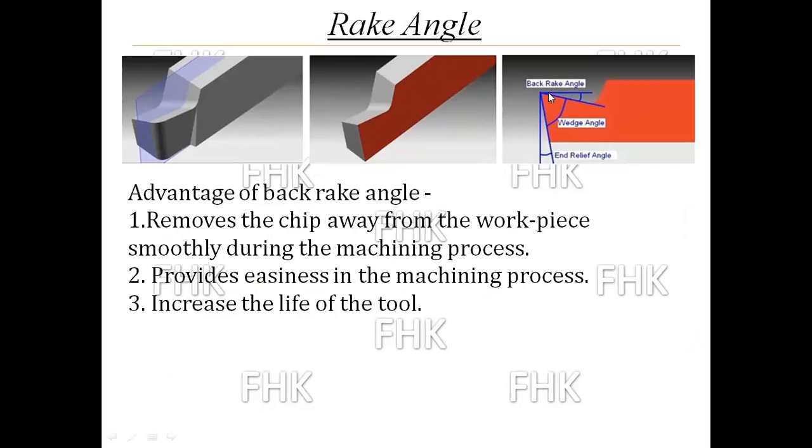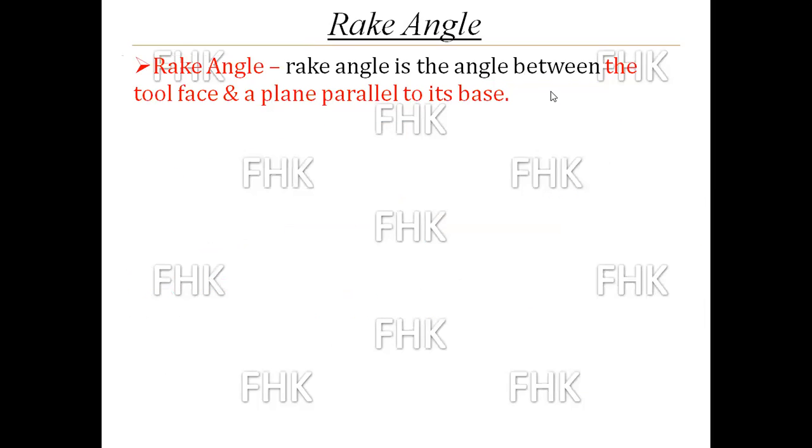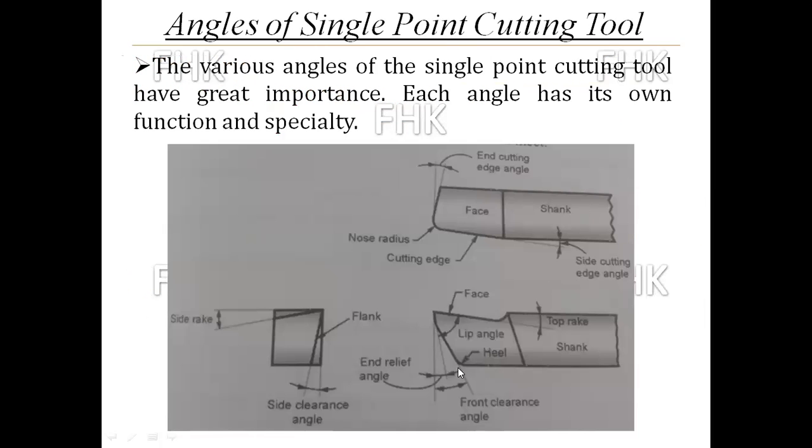The angle made by this face, this is the face, with the horizontal line or line parallel to the base is called the rake angle, which you can see in the front view. So top rake angle or back rake angle you can see in the front view.